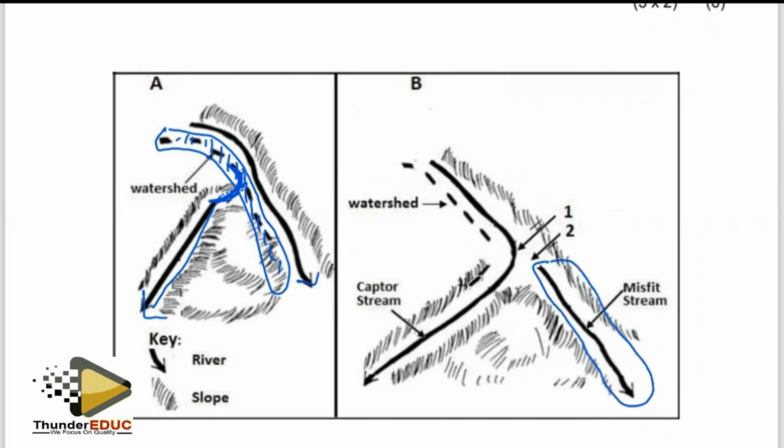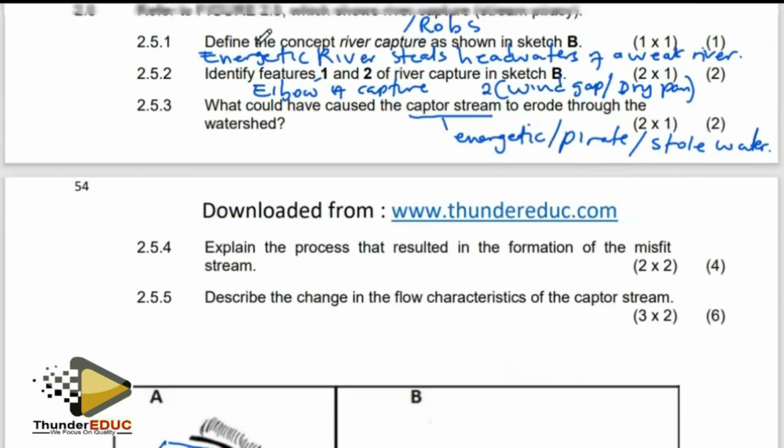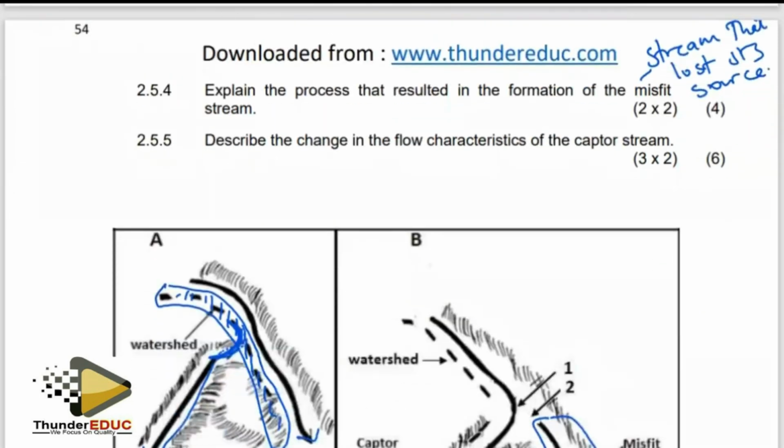Now a misfit stream, we would say, is a stream that lost its source. That is a misfit stream. So we need to explain the process that resulted in the formation of a misfit stream. That is question 2.5.4.